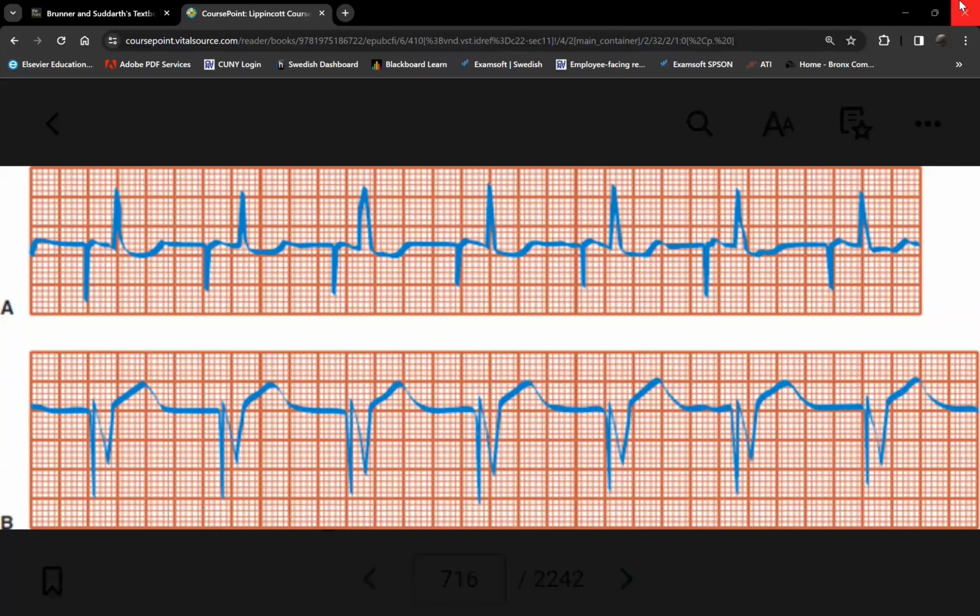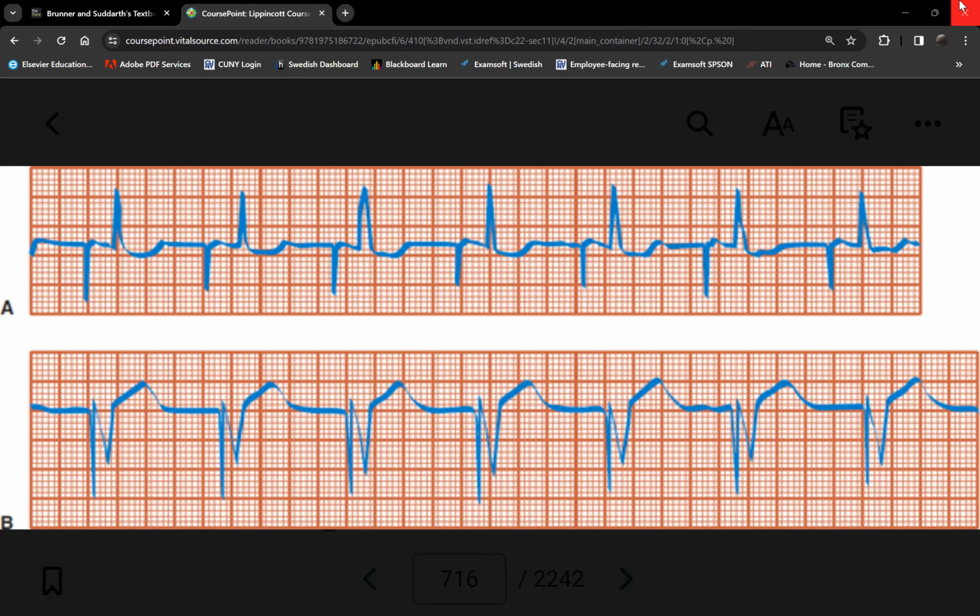So in the first picture, you have A and B. In A, do you see P waves here? None whatsoever. What you see in place of the P wave is a pacemaker spike, followed by QRS complexes.